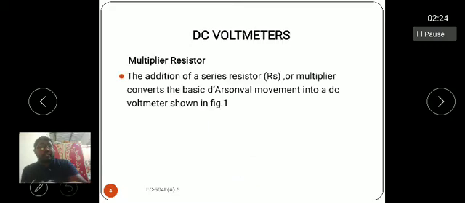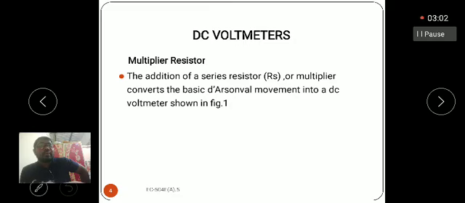Here, the multiplier resistor: the addition of series resistor Rs, or the multiplier, converts the basic D'Arsonval movement into a DC voltmeter.